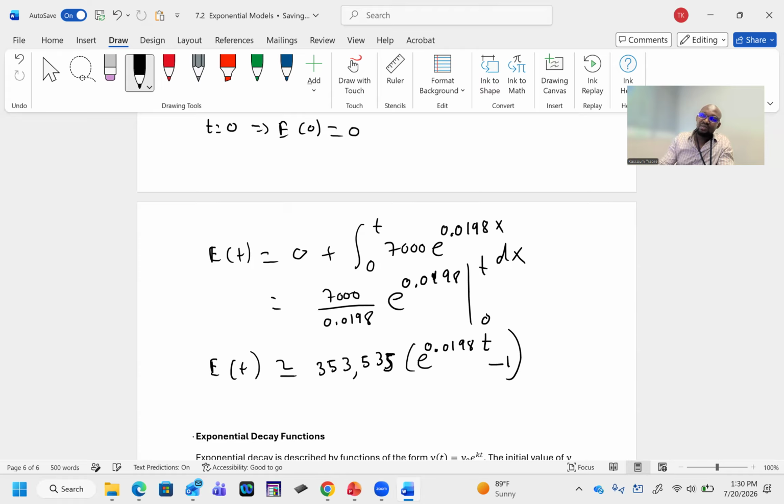Because if you substitute 0, this term would be 1, right? X is right here. I always forget about that x.